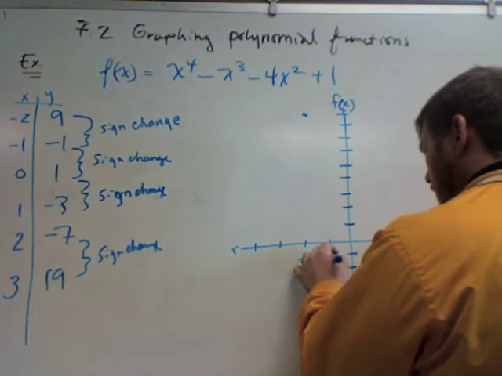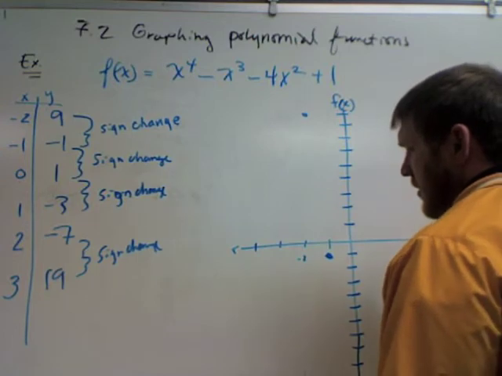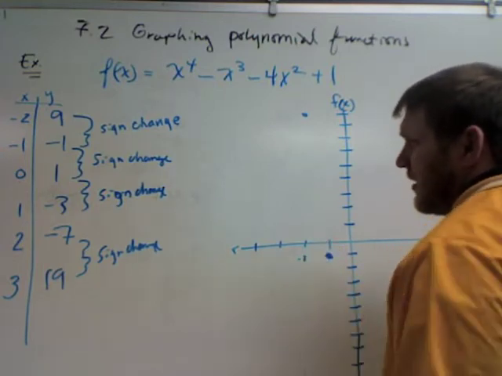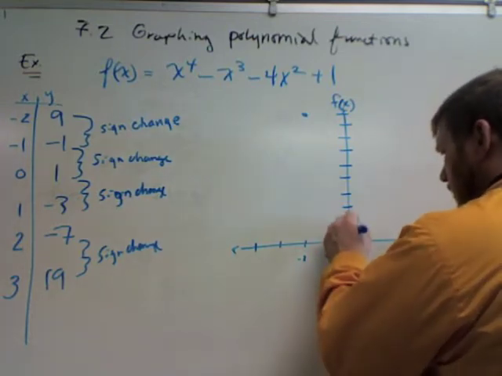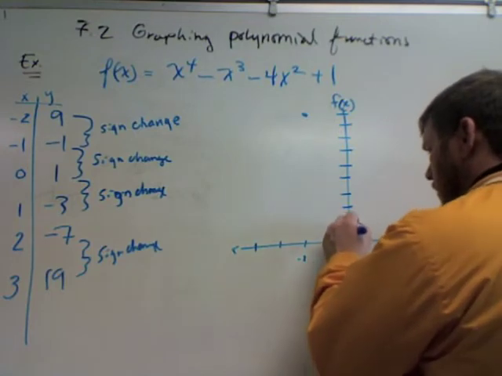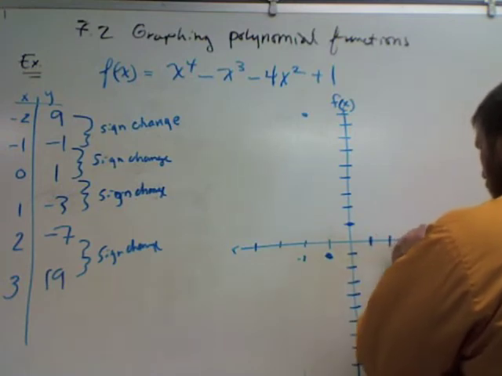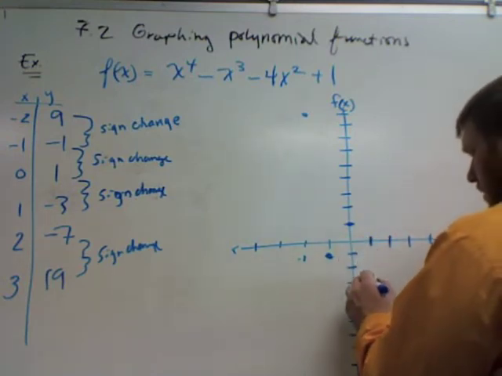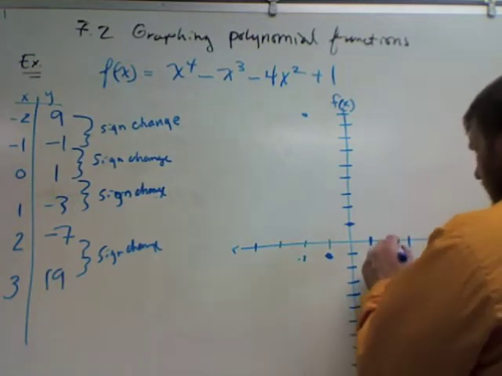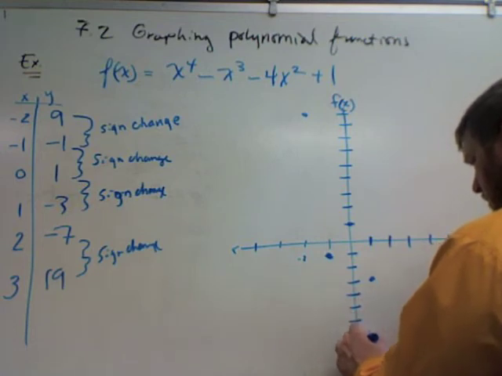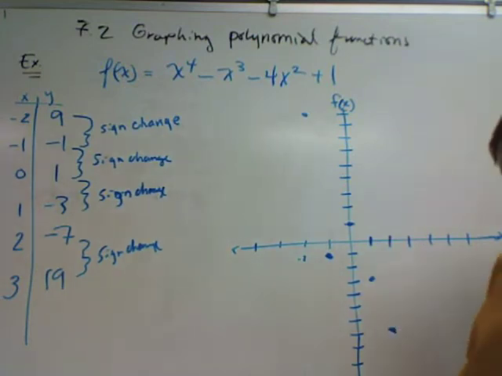Notice, if I cross in between negative 2 and negative 1 somewhere. 0, 1. 1, negative 3. 2, negative 7. And then 3, 19, which is clear up high.